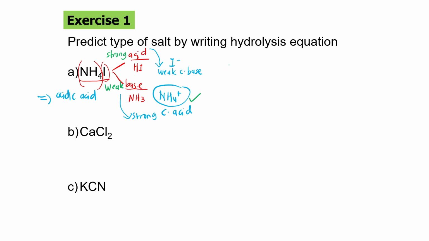So reaction equation tu ialah between NH4 plus aqueous plus water. Okay, so inilah partially hydrolysis, so produce NH3 and H3O plus. So finally at the end of the equation kita ada H3O plus, so menunjukkan ini ialah acidic salt.